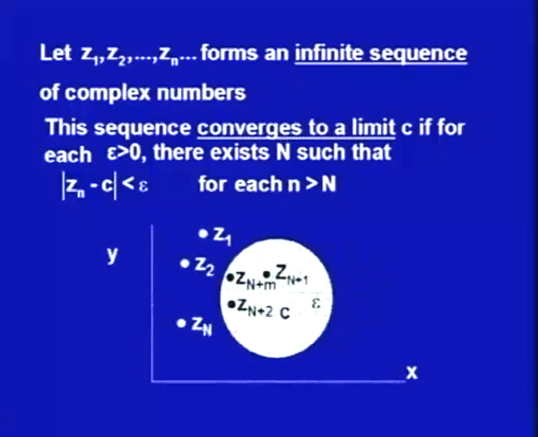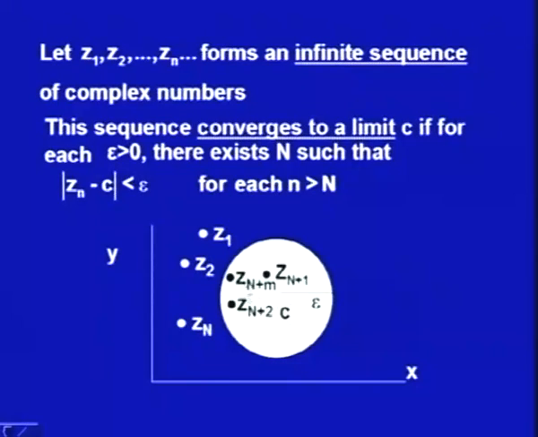This can be explained graphically. On the z plane we have numbers z1, z2, z3, zn, zn plus 1 and so on. Let us say this is the number c, then can we draw a circle at c with radius epsilon in such a way that all the points after some n all lie in this circle?